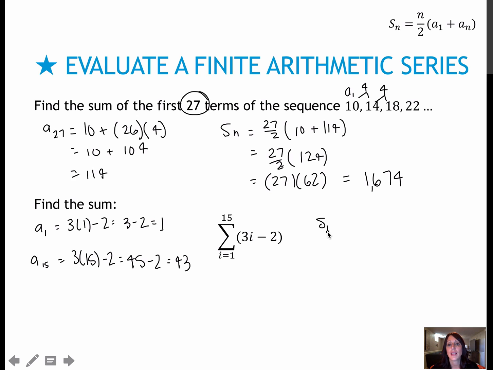So to find the sum of the first 15, I guess I should have written 27 here. To find the sum of the first 15, I'm taking 15 over 2, and I am multiplying that by the sum of 1 and 43. So I've got 15 halves times 44. The 2 and the 44 would reduce, so it's really just 15 times 22, which is 330.